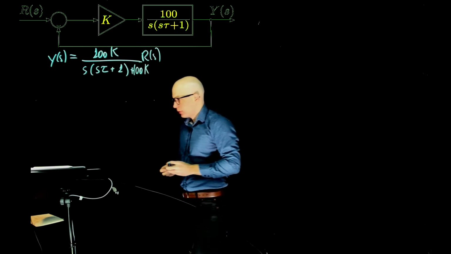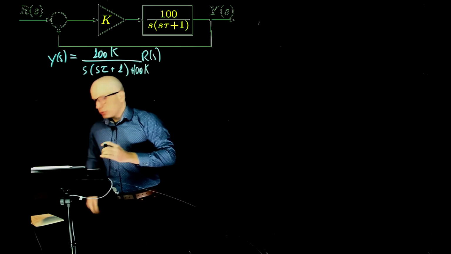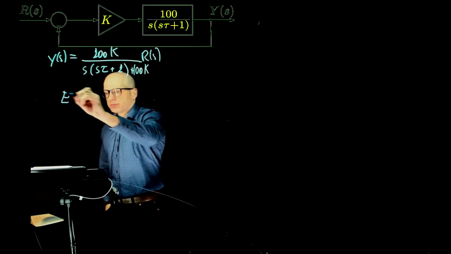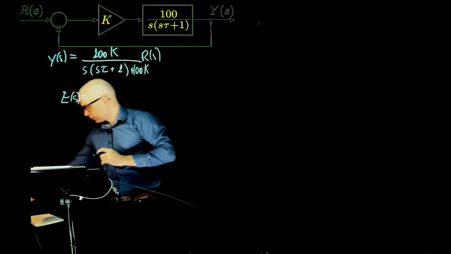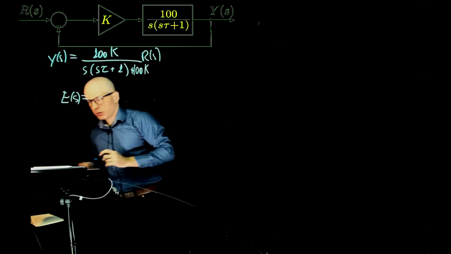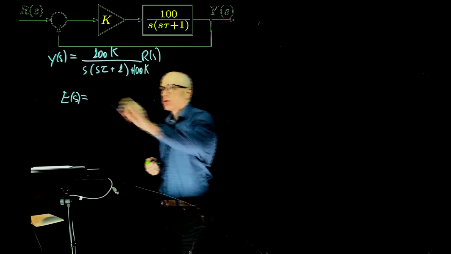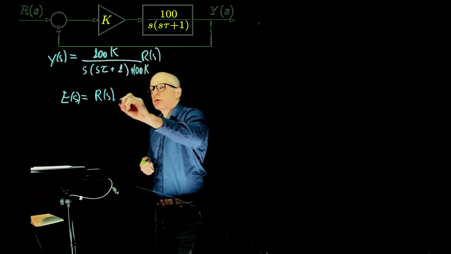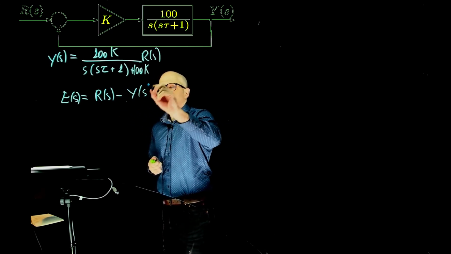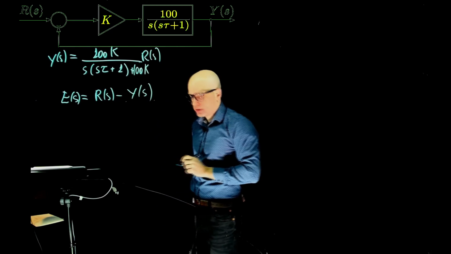Okay? All right. So what is the error? The error is always the input minus the output. Here is the output of our system.